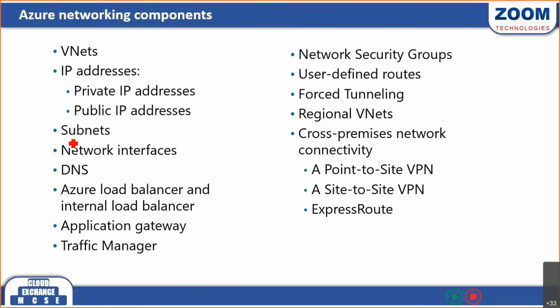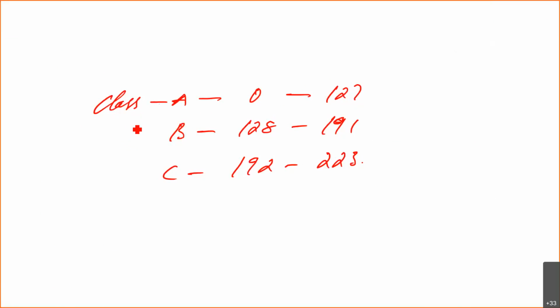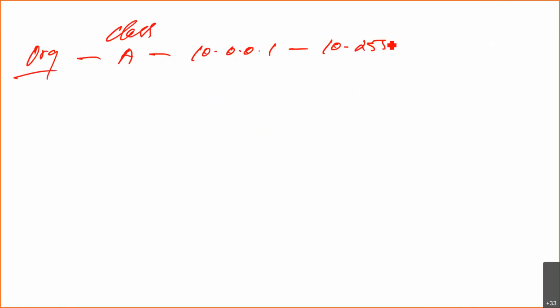For example, if I take class A, my organization is going to use class A IP addresses. Class A IP addresses start from 10.0.0.1 to 10.255.255.254.